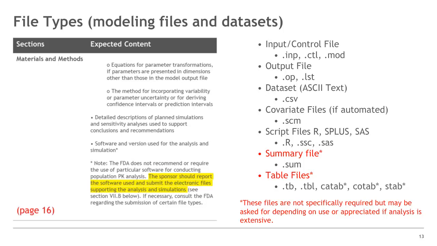So I just wanted to make the comment that another solution to the potential issue of the format of an XPT file somehow being changed is to include a small, let's say you're reading in the XPT and you're really doing analysis with CSV and NONMEM, because that's all it can actually accept.